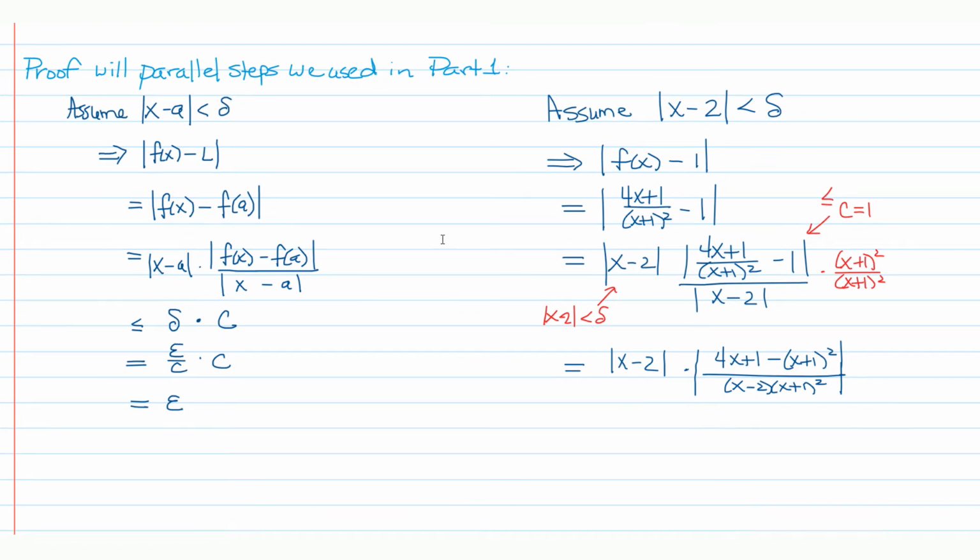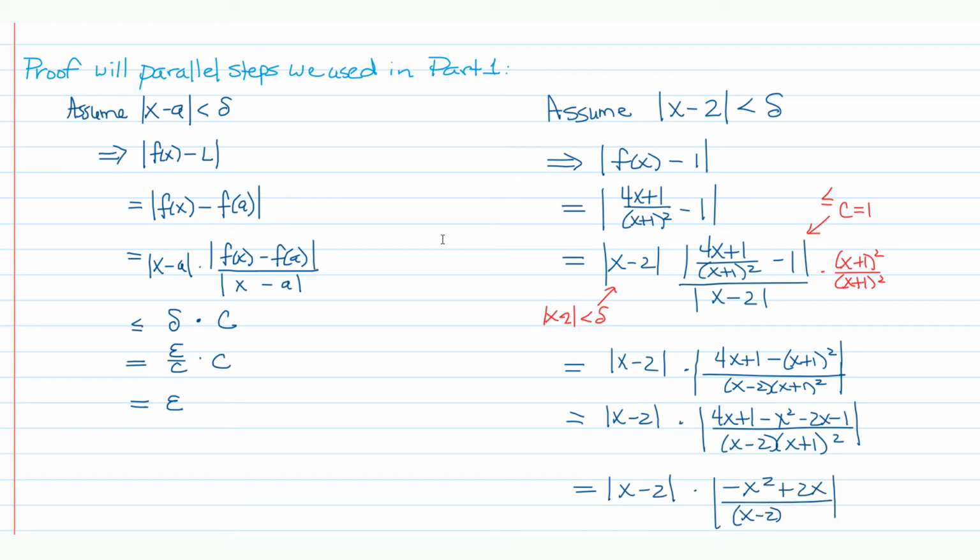Foiling out x plus 1 squared, distributing the negative, we're going to have the absolute value of x minus 2 times, and then we're going to have 4x plus 1 minus x squared minus 2x minus 1 over x minus 2 times x plus 1 squared, which is going to be absolute value of x minus 2 times negative x squared plus 2x in the numerator, carrying down the denominator.